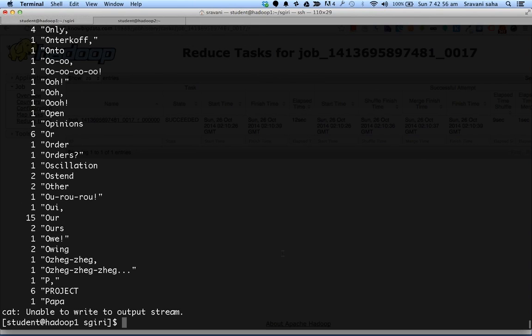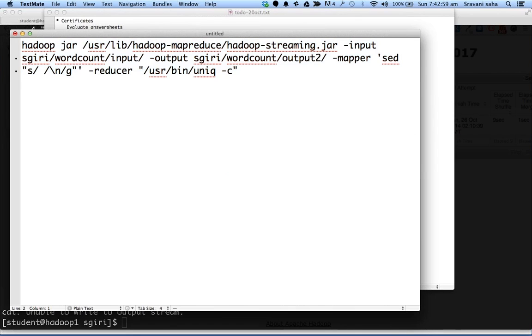So here this is interesting. Do you see this sed command? If you go one more step and say sed substitute, anything which is not a to z, or capital A to Z, or 0 to 9, replace it with nothing.